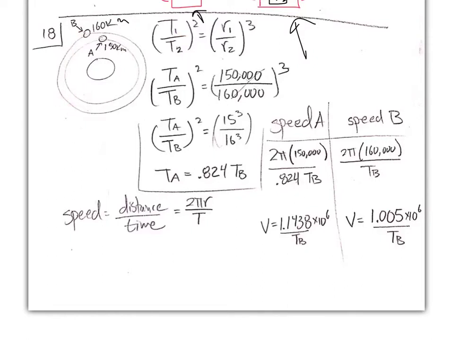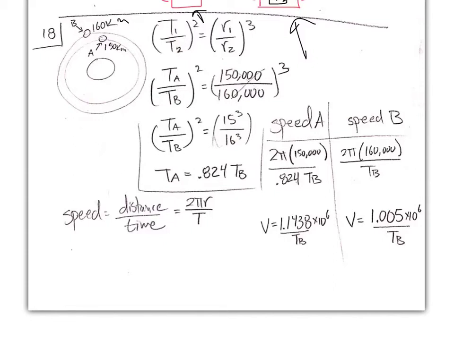But I actually substituted in here, so this would be satellite A and this would be satellite B. And if we were to simplify, okay, I put these into meters, I simplified, I took the cube of it, and the period of orbit for A is 82% the period of orbit for B, meaning less. So this goes faster and so this takes less time.